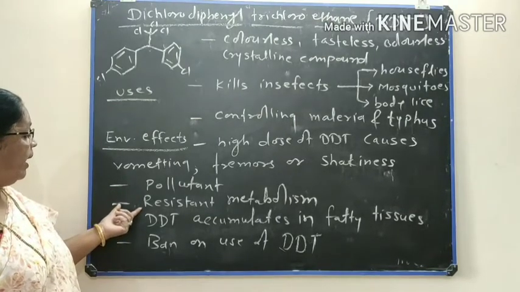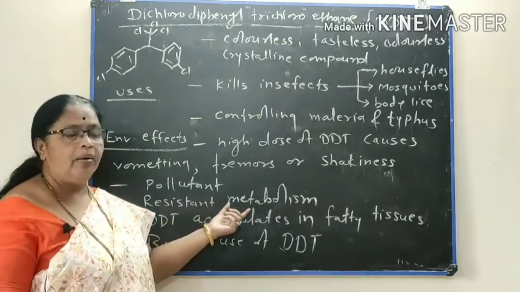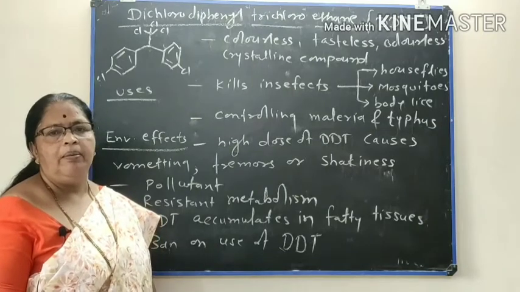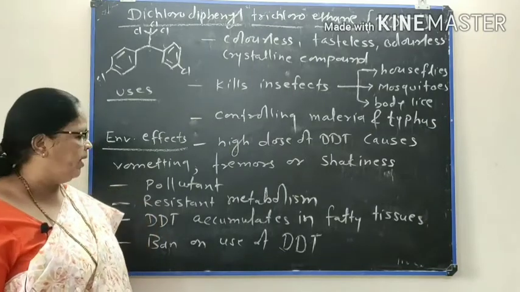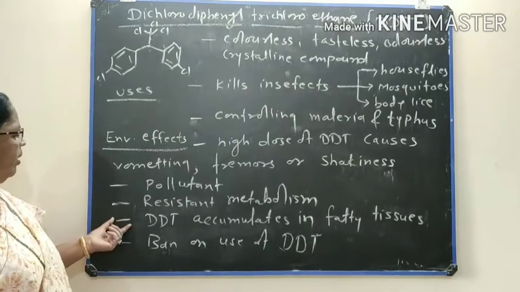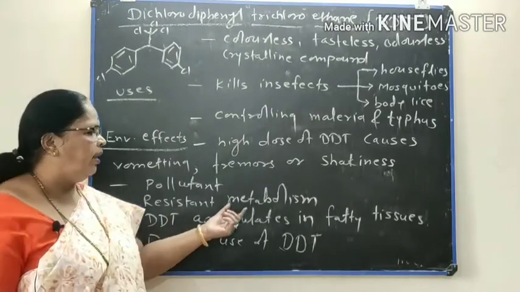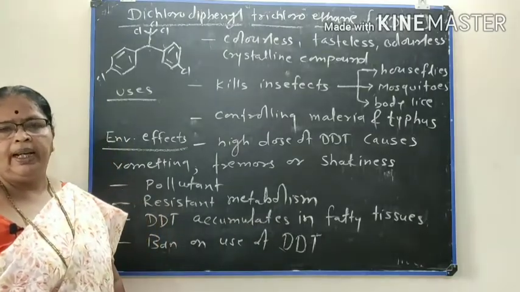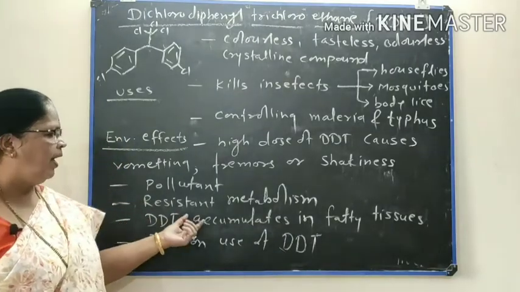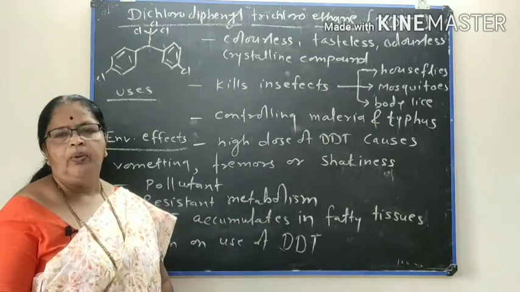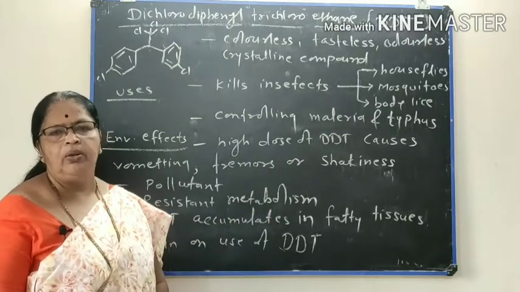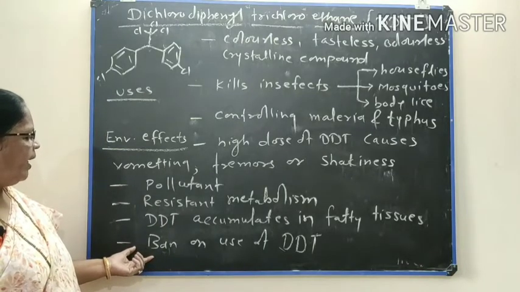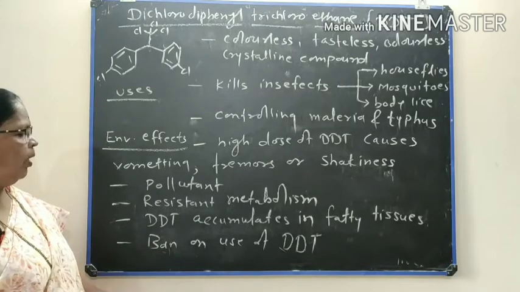It acts as a resistance for the metabolism, so it disturbs our biological metabolism in human beings. Again, DDT accumulates in fatty tissues, which is dangerous to our health. And nowadays there is a ban on the use of DDT.